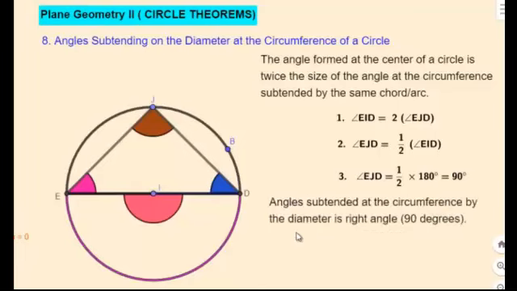So the property guiding this theorem states that angles subtended at the circumference by the diameter is a right angle, that is 90 degrees, and that has already been shown.